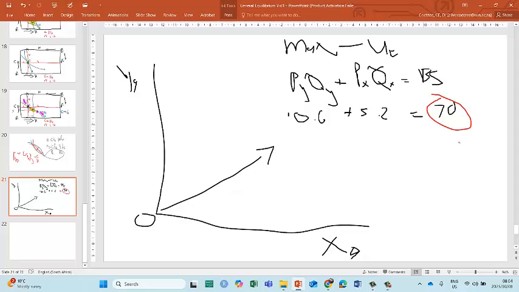He has 70 Rand, for argument's sake. And he's spending that 70 Rand, given the prices of 10 Rand and 5 Rand, he can afford 6 of Y and 2 of X. So he cannot consume more of both because he simply doesn't have the budget for that. You can make all sorts of permutations here and play around with the numbers.